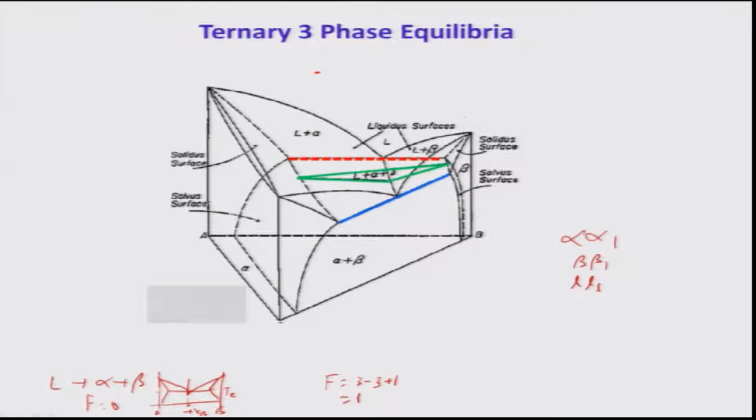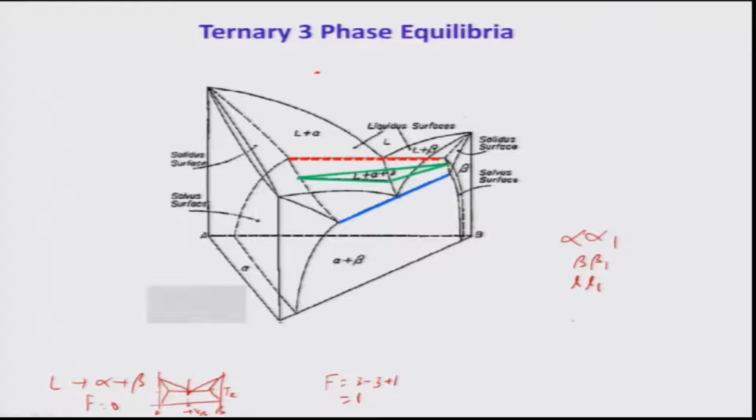So, therefore, lines alpha beta, alpha L and beta L will form a triangle, correct. How? Okay, let us look at it. This can be done like this: beta, alpha, liquid, correct.